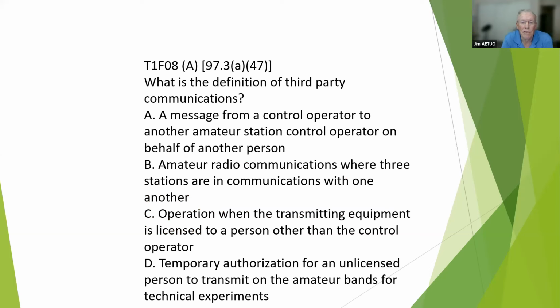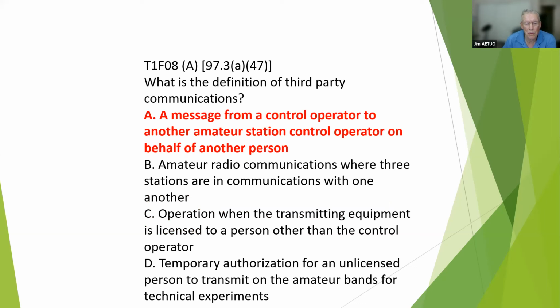What's the definition of third-party communications? You could probably figure this out. That's a message from a control operator to another amateur station control operator on behalf of another person. You know, Fred wants me to tell you that he's going to be late for the meeting tomorrow. That's a third-party communication.